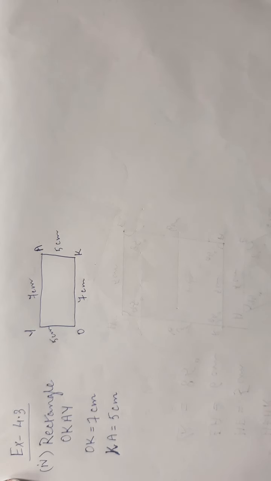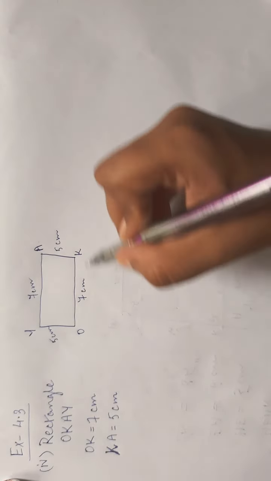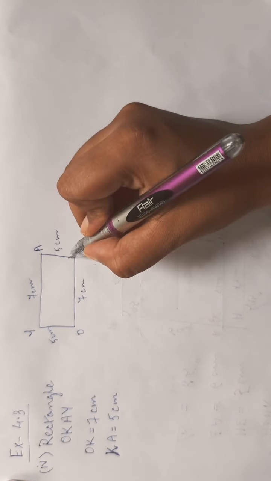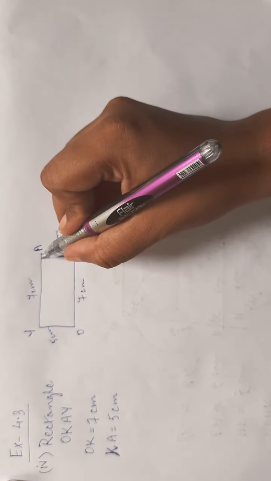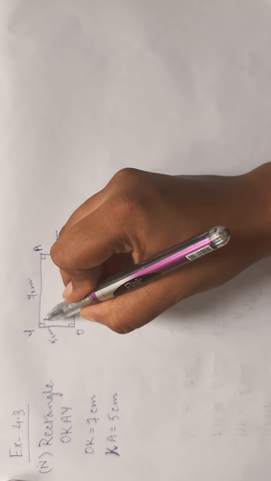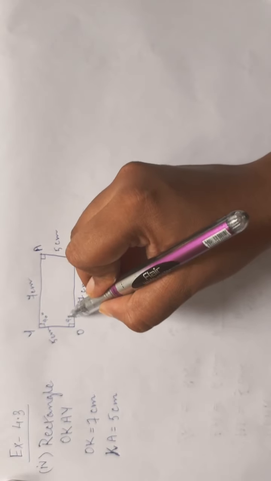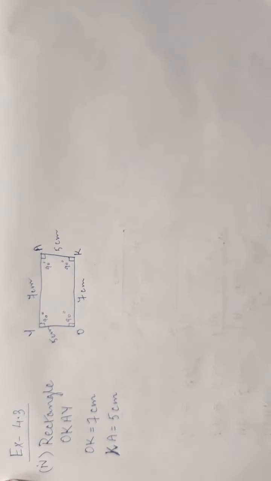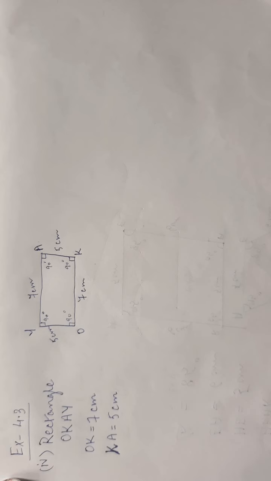In a rectangle, we all know, straight lines are there, and all the angles are 90-degree. So now we know the angles and the sides, so let us start our construction.